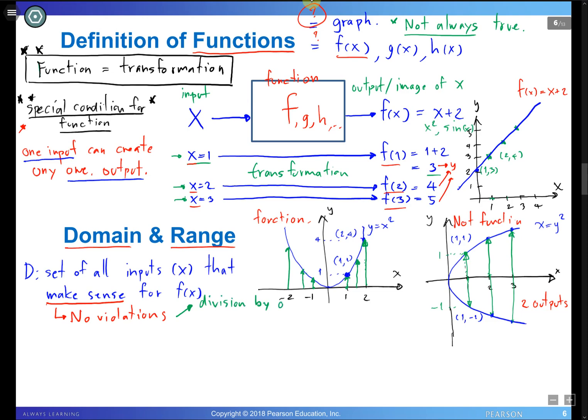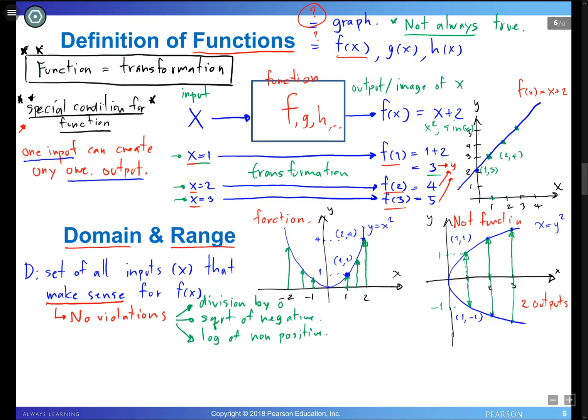Second one, complex number, square root of negative number. And another one, logarithm of 0 and negative number. Log of non-positive. Okay, so this is negative.